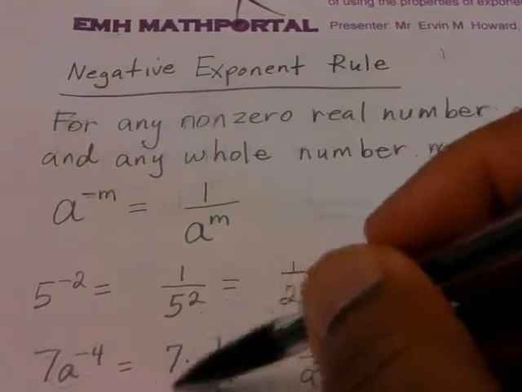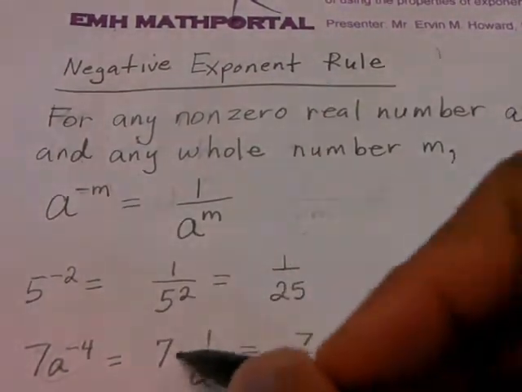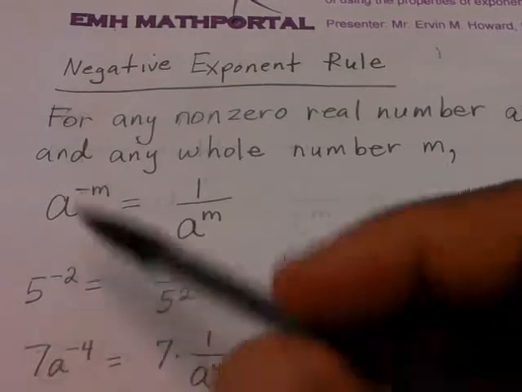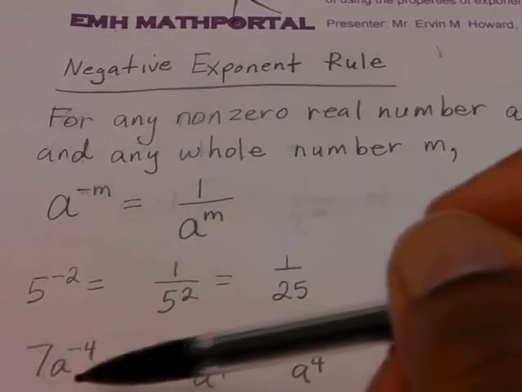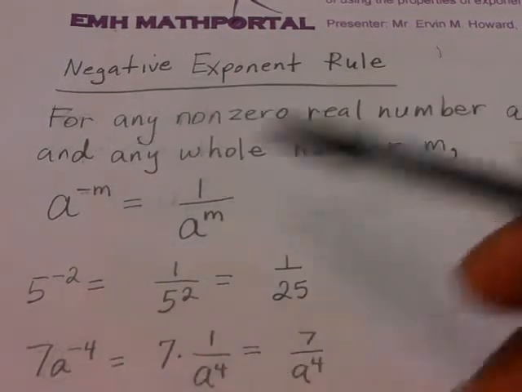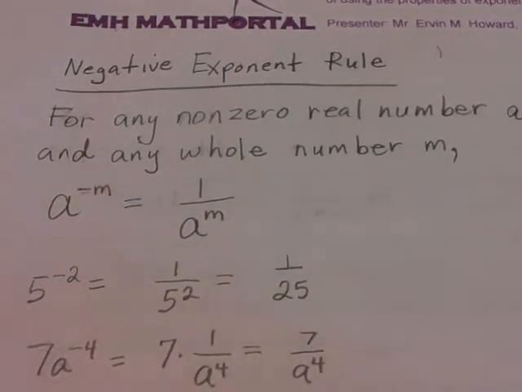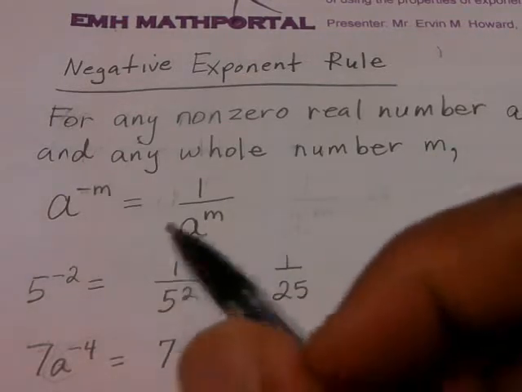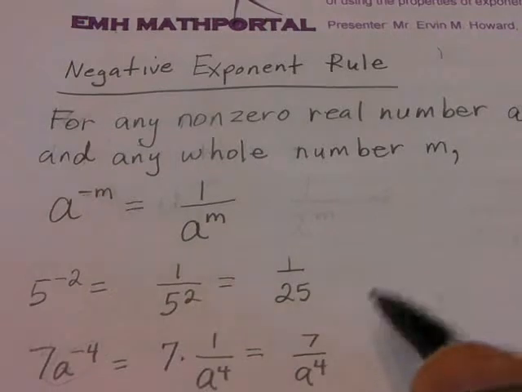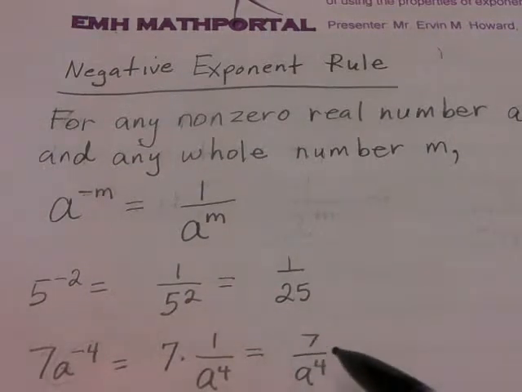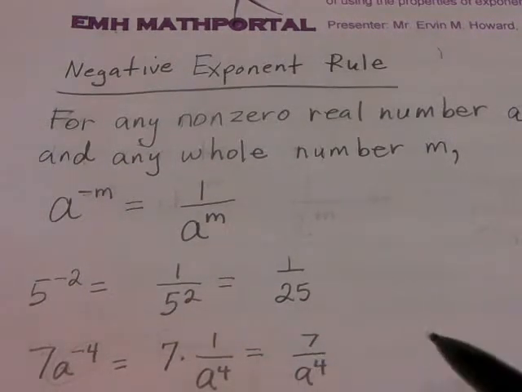Notice that 7 is a whole number, and we perform a little multiplication, because when you have coefficients with variables, it's a form of multiplication anyway. Hopefully in the polynomial series, I'll give you more explanation about that. So in any case, this is 7 over a raised to the power of 4.